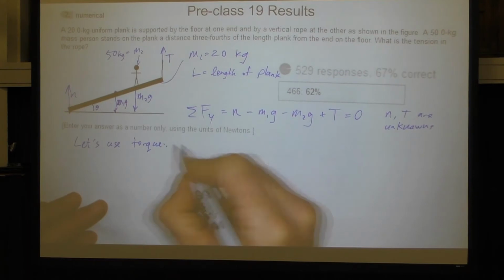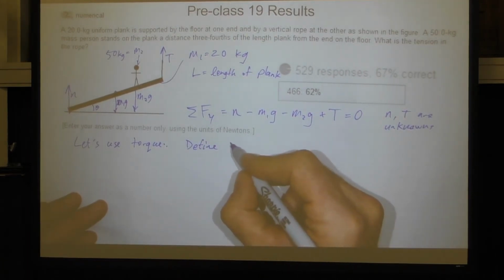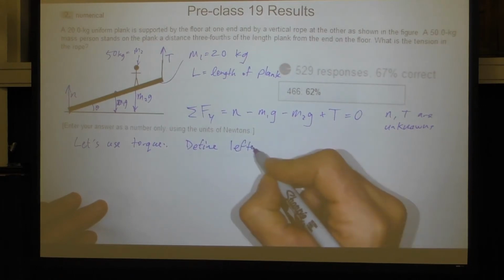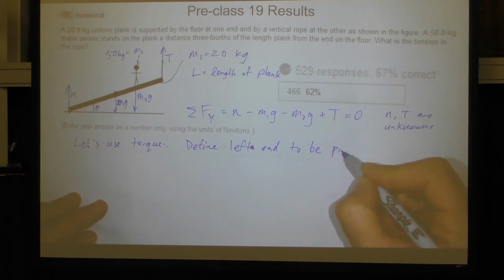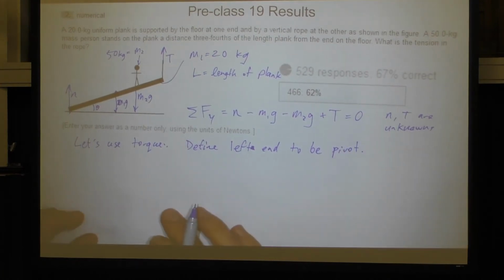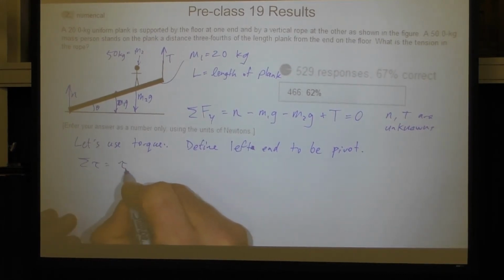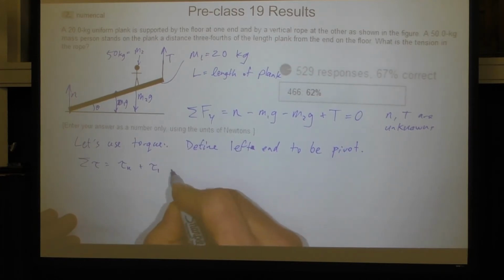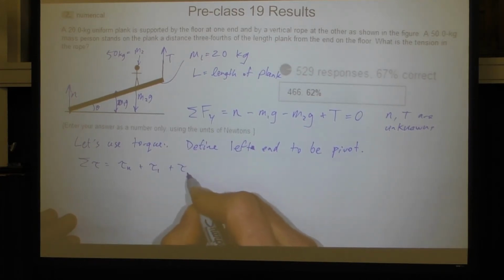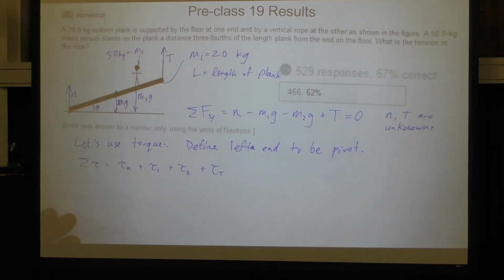And let's define the left end to be the pivot, since I don't know what the normal force is and I don't care about it. That way, the normal force won't have a torque. So you'd say that the sum of all the torques is equal to the torque due to the normal force plus the torque due to mass 1 plus the torque due to mass 2 plus the torque due to the tension.